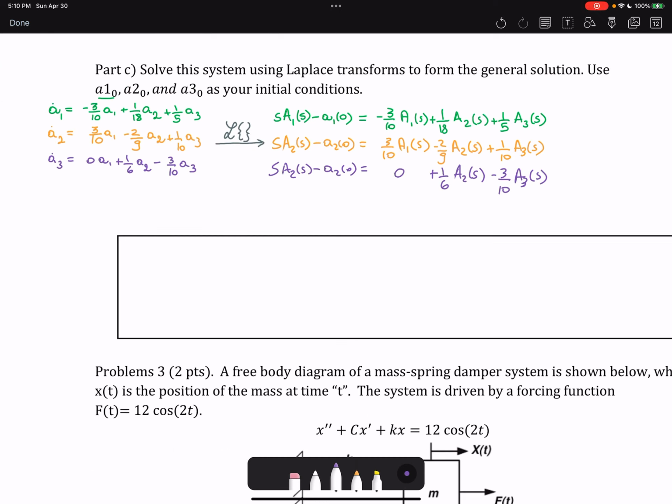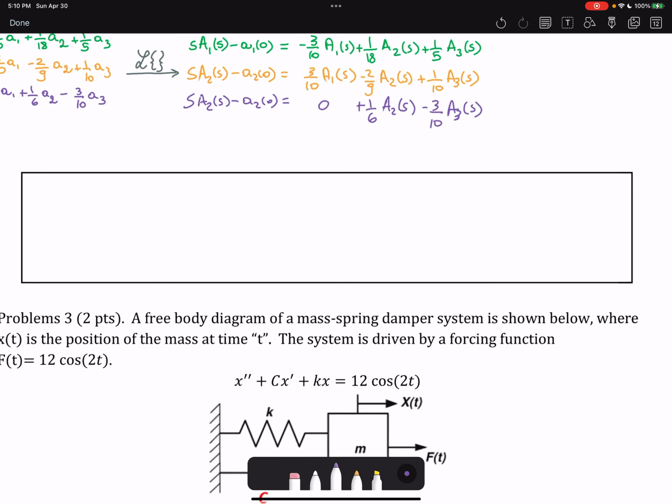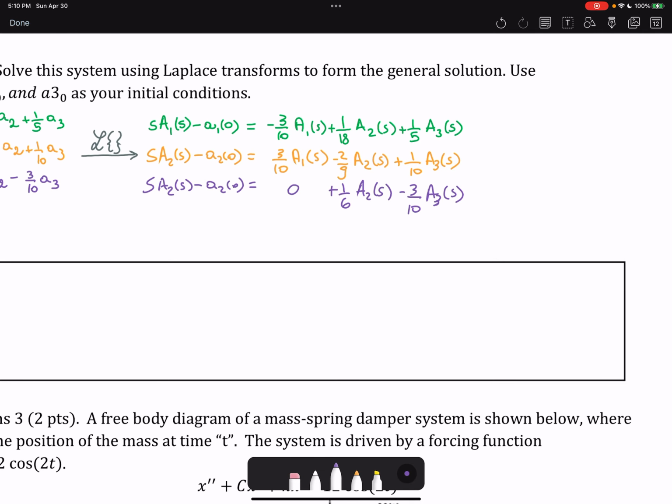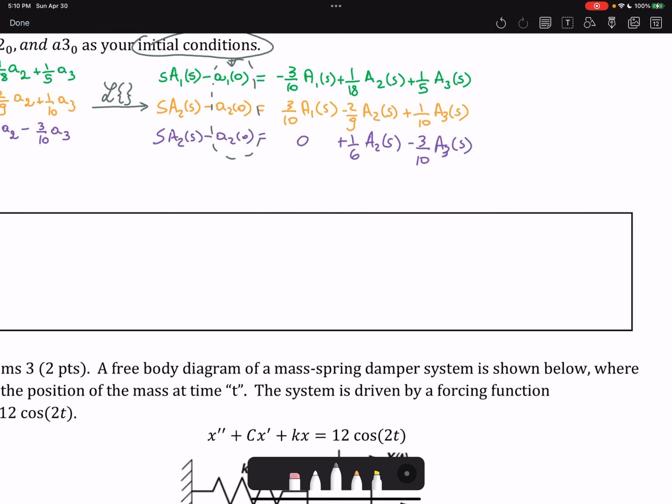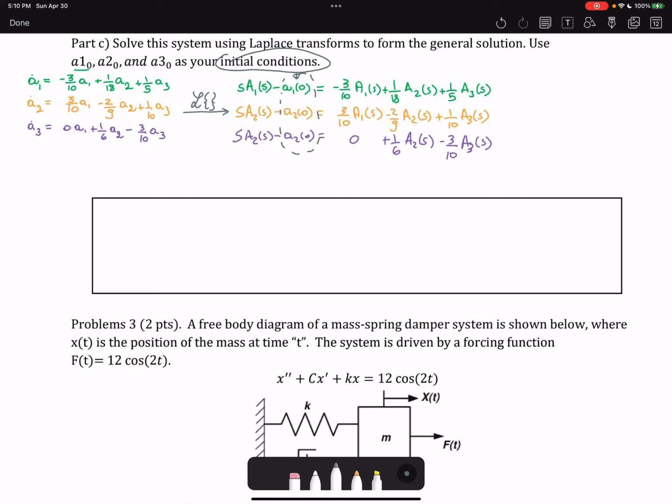And now that we have this, these are our initial conditions. So initial conditions, they're going to be right here. Now what we're going to do is solve for the big A of s and then put it back into an inverse Laplace.